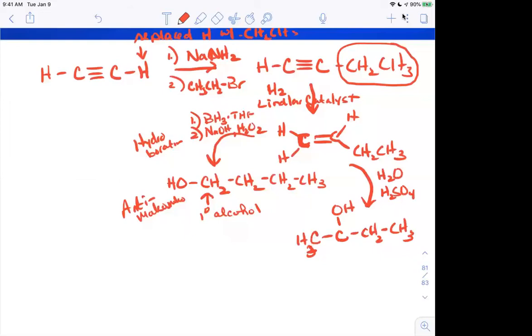So this is going to be Markovnikov addition, because my OH ended up on the more substituted carbon. Notice if I want to get the primary alcohol, I'm going to use the anti-Markovnikov conditions, which is hydroboration, oxidation. If I want to get the Markovnikov addition, where I actually end up with a secondary alcohol, I'm just going to use a regular acid-catalyzed hydration.